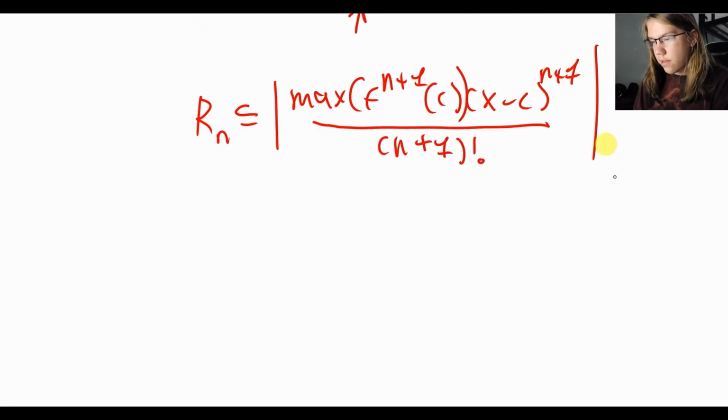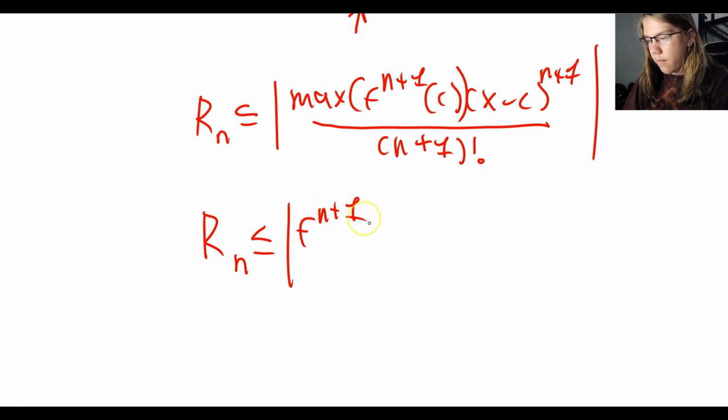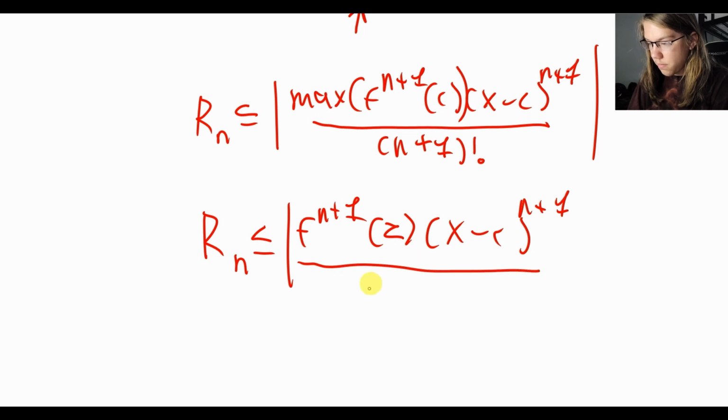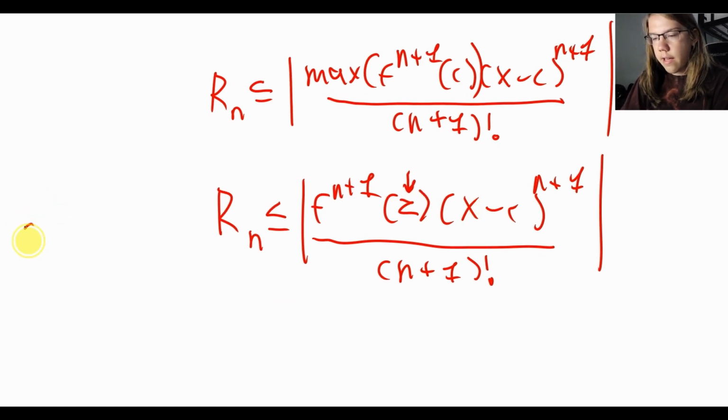Now this itself can be rewritten as r sub n is less than or equal to the absolute value of the n plus 1th derivative of f of z times the other stuff, where this z is some value between or equal to c and x, which gives the maximum possible value for this derivative.